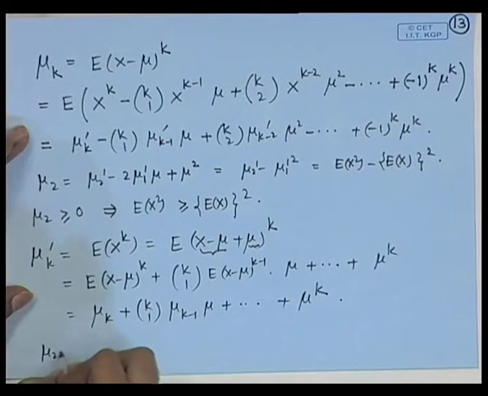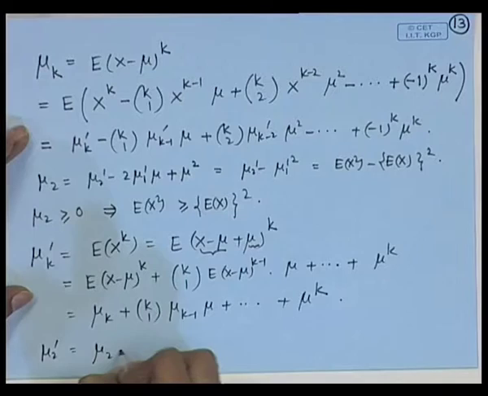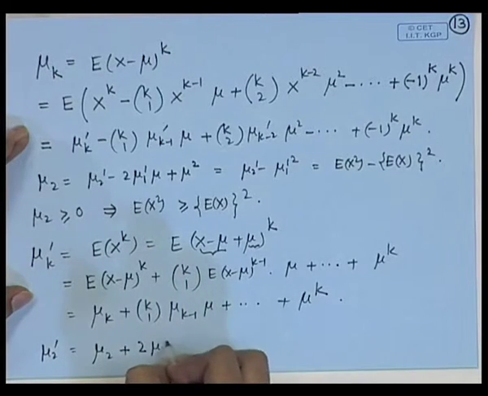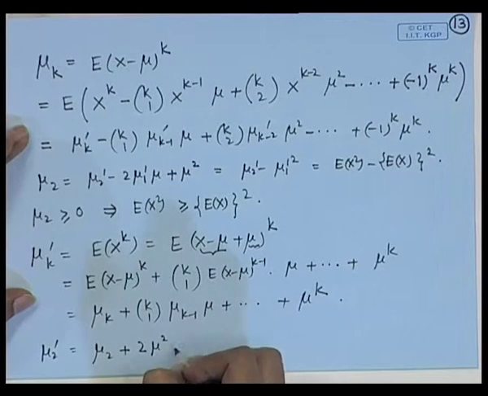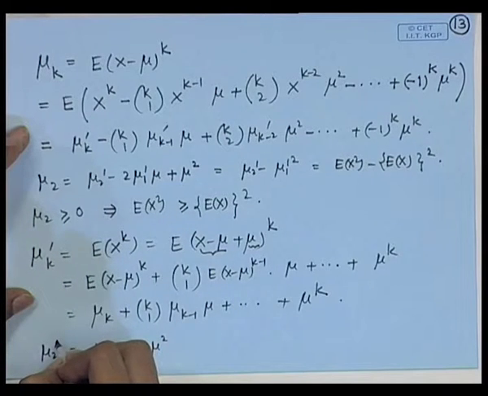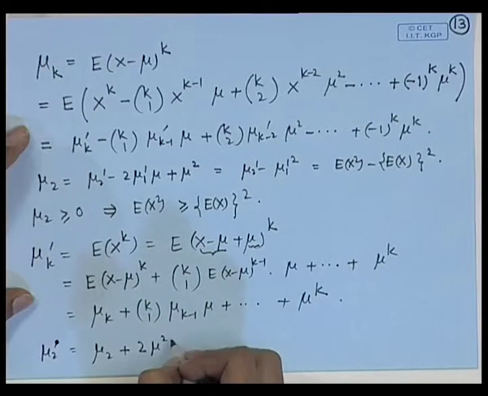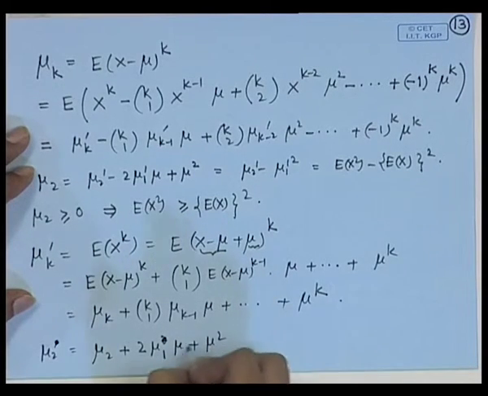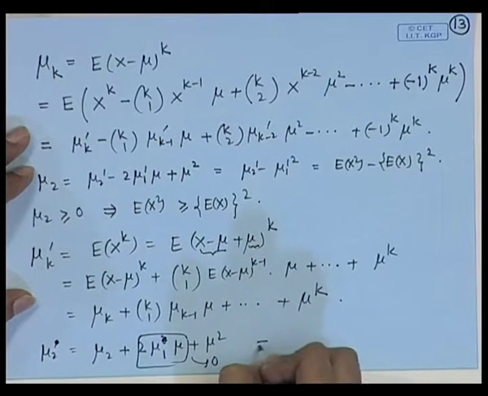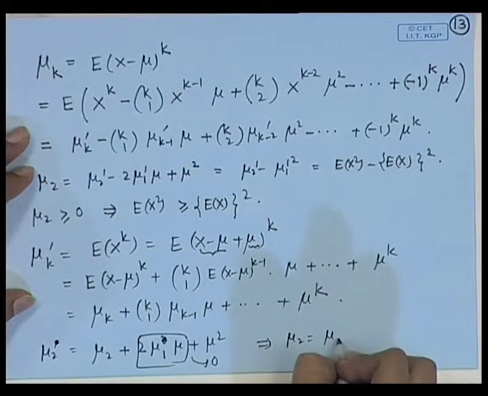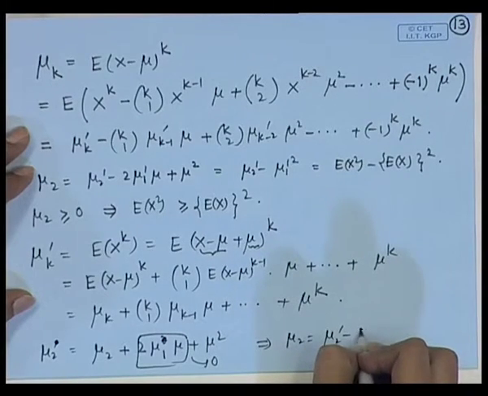In particular, mu 2 prime is equal to mu 2 plus 2 mu 1 and mu plus mu square. Now, this term is actually 0. So, this means that mu 2 prime is equal to mu 2 plus mu square.